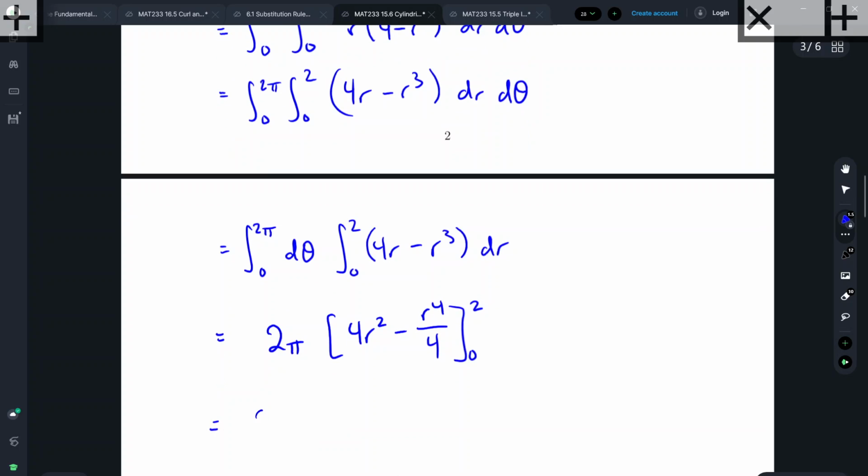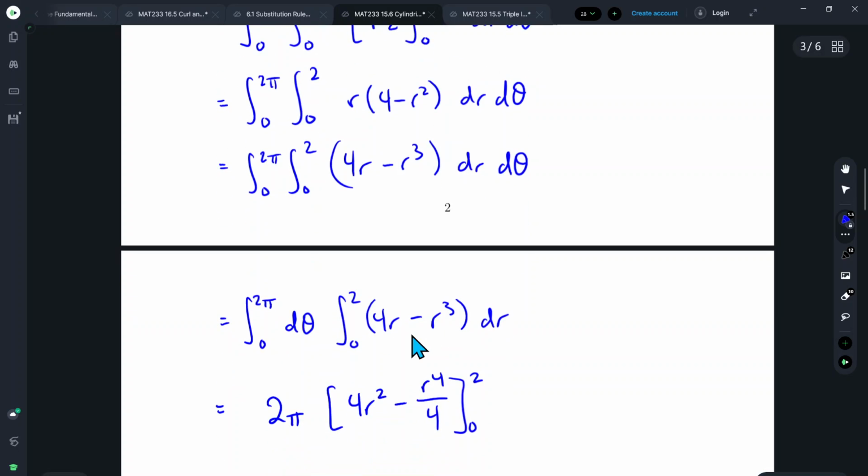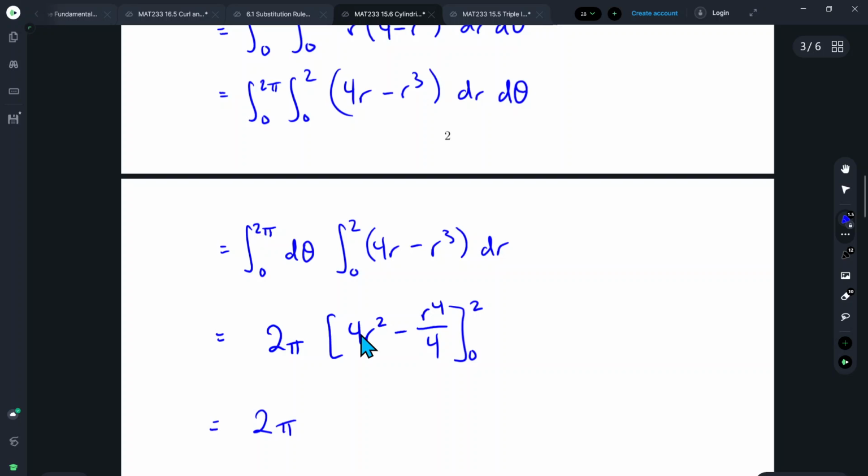And then now we just plug in 2. So 2 squared is 4, 4 times 4 is 16. Oh, I made a mistake here. So the antiderivative for 4r should have been 4r squared over 2.